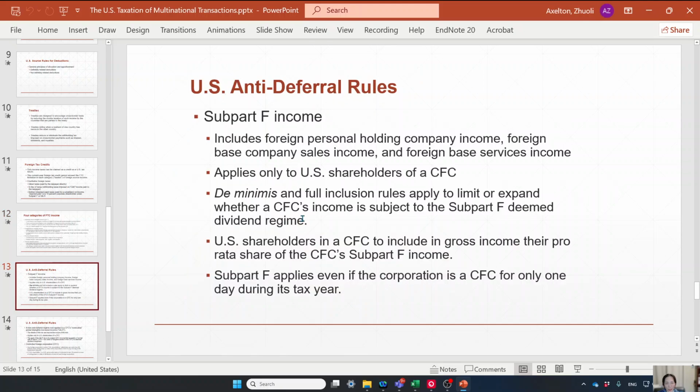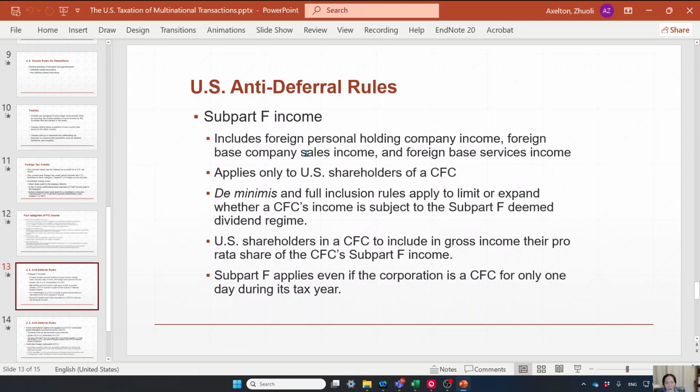And U.S. anti-deferral rules, because technically, if a U.S. corporation set up a subsidiary in a foreign country, essentially this subsidiary's income will not be taxed in the U.S. in general.